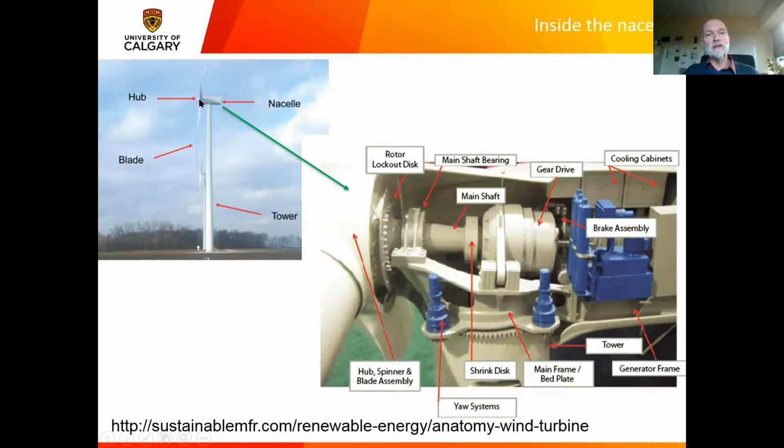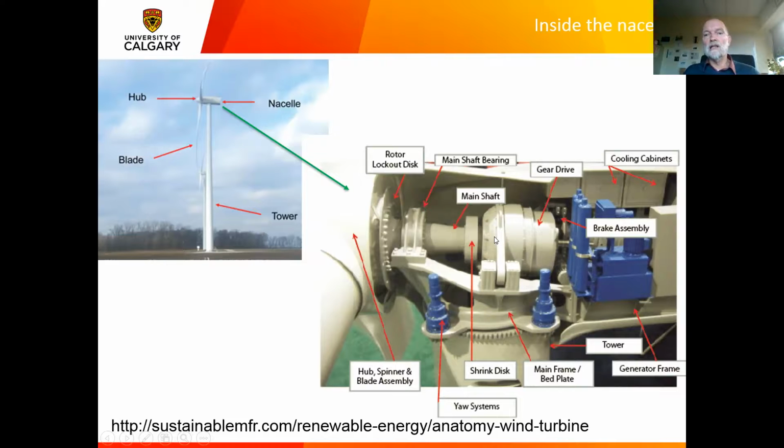The front end of the nacelle is where the blades and the hub attach to the nacelle. And then if we go down to the cutout picture below that, you can see on the left-hand side of that where the blades come in, there is what's called a main shaft bearing that takes the load on the blades. And then in the middle here is a very important component, which is called a gearbox.